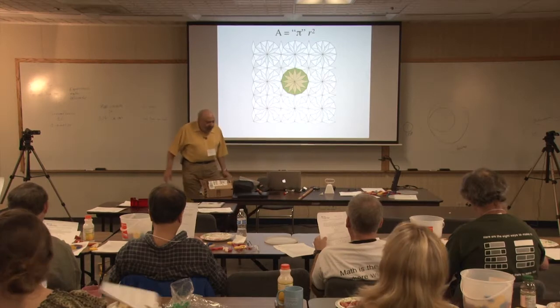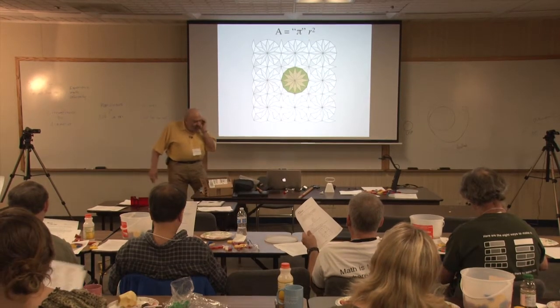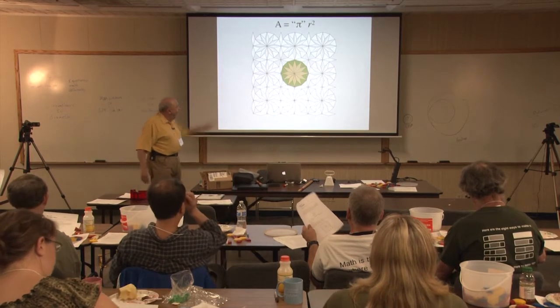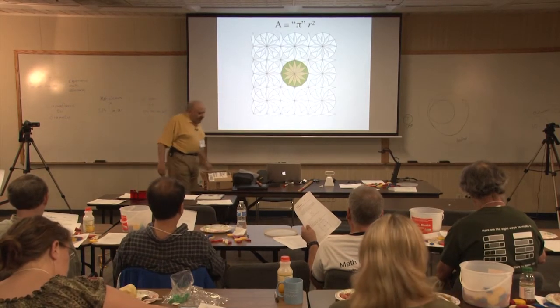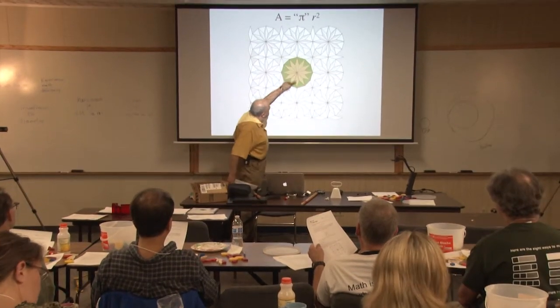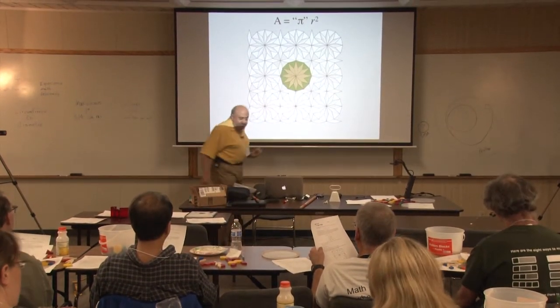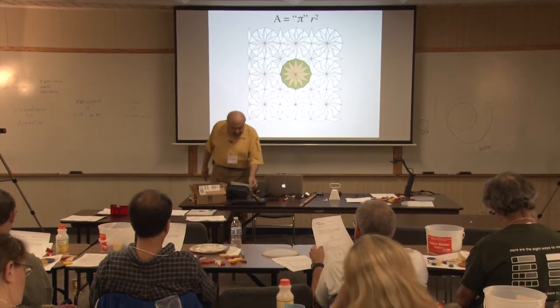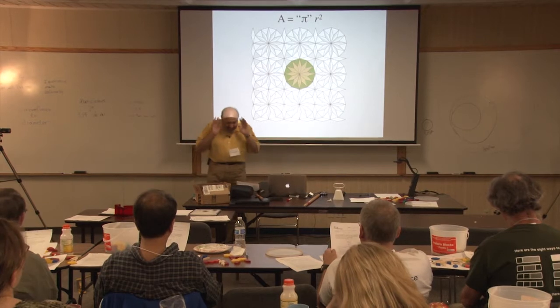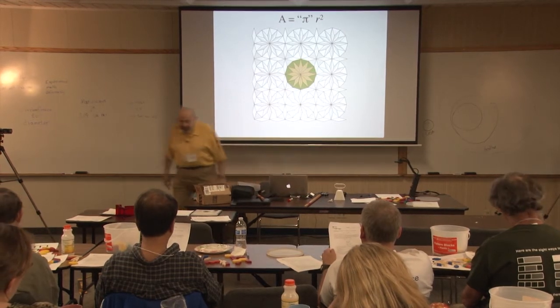So your job is, what's the area of the dodecagon in terms of the radius, this being the radius. My hint is that on the paper I gave you, this can be figured out by paying close attention to the picture.